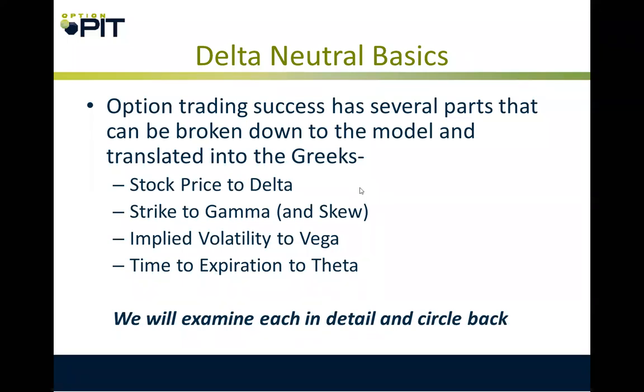So how many people, if you put on a butterfly or an iron condor, have lost money right away? Has that ever happened to anybody before? All right, I'll raise my hand. I've had to chase more short gamma trades than probably anybody, right?